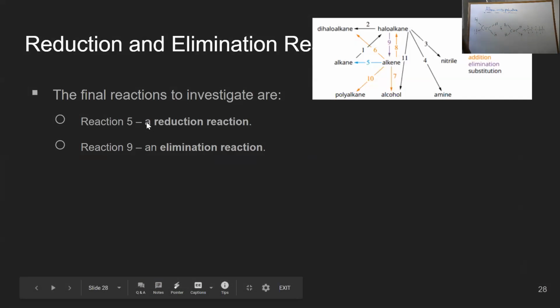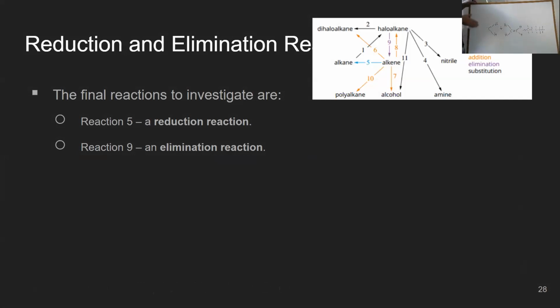Wouldn't worry too much. So our final two reactions are probably the hardest ones to remember, but we will go through. Reaction 5 is a reduction reaction from an alkene to an alkane.